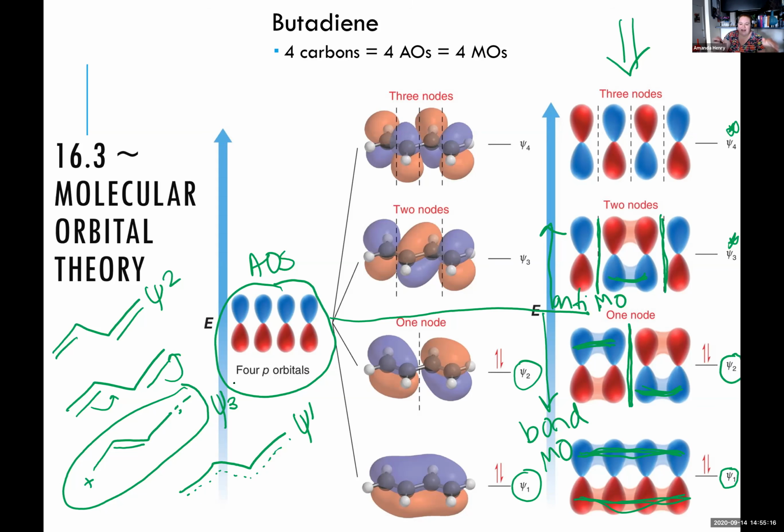And then the last one with 3 nodes where nothing is interacting, if we take this structure and we essentially do this, this is not a good resonance contributor. But we get that. We have 4 isolated p orbitals that aren't interacting with each other.